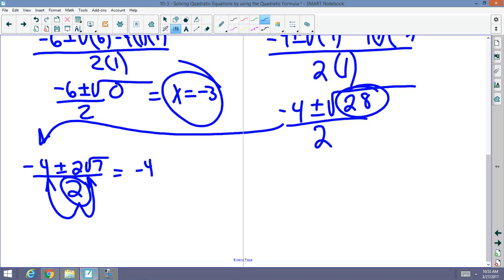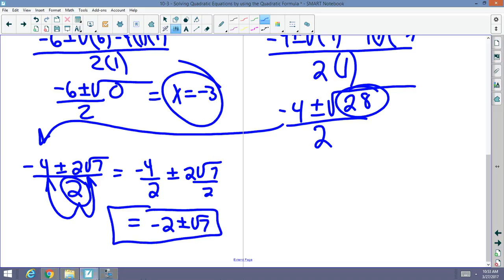So this negative 4 is being divided by the 2, and the plus or minus 2 square root of 7 is being divided by the 2. So that will equal negative 2 plus or minus square root of 7. That is in the simplified form, my brothers. Does that make sense? Any questions on that, guys? At all? Okay.